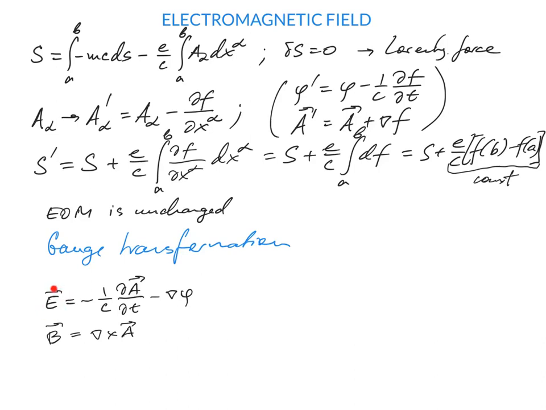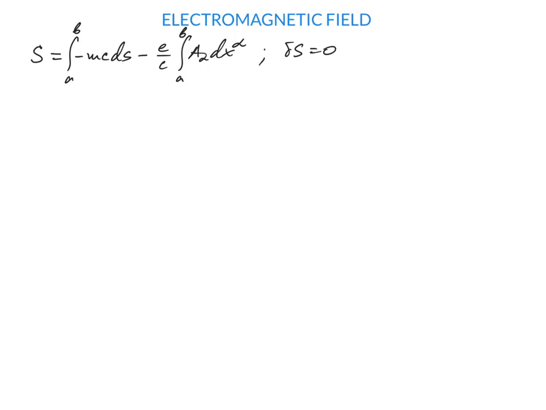So these are conventional three-dimensional vectors, and it's not clear from here whether they form part of some 4-vector or 4-tensor in the Lorentz invariant covariant notation. So in order to expose that, we need to come back to the action here and then try to vary it like we did before for the free particle, now including the field term, but do it in a fully covariant form. So this is our action.